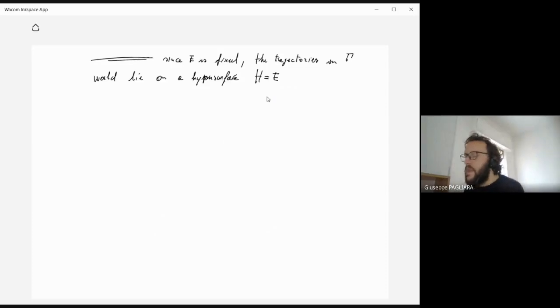Okay, so this is basically a surface in which you can have the trajectories, since the energy is fixed. So you have one constraint over the energy, which turns into an equation of this type, no? H is equal to E.